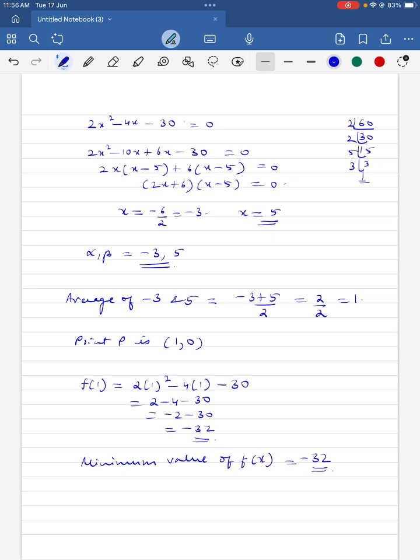So let's recap the answers. The zeros of f of x are minus 3 and 5.